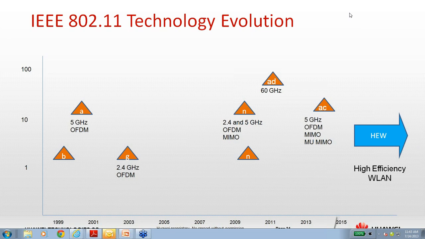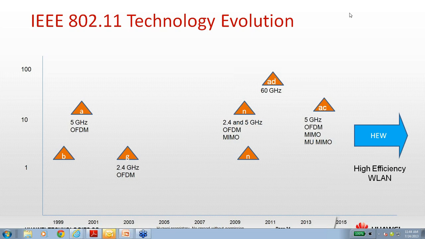And multi-user MIMO support in 11AC is only in the downlink direction, so from the AP to stations. The status of 11AC right now is that it's very close to completeness. It's in sponsor ballot right now, and it is expected to be published sometime in the first quarter of next year.